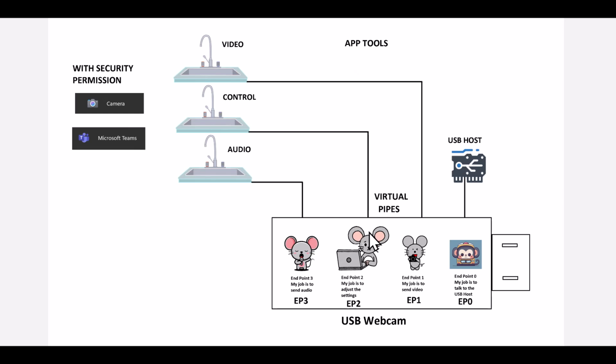And the third will be to do the controlling of the webcam functions from the system as well. Each one of these virtual pipes will end up in a little data buffer that any of the apps in the machine that have the security permission to use the webcam can come over and get the data that they want, video or audio or whatever it is they're going to want from this device.